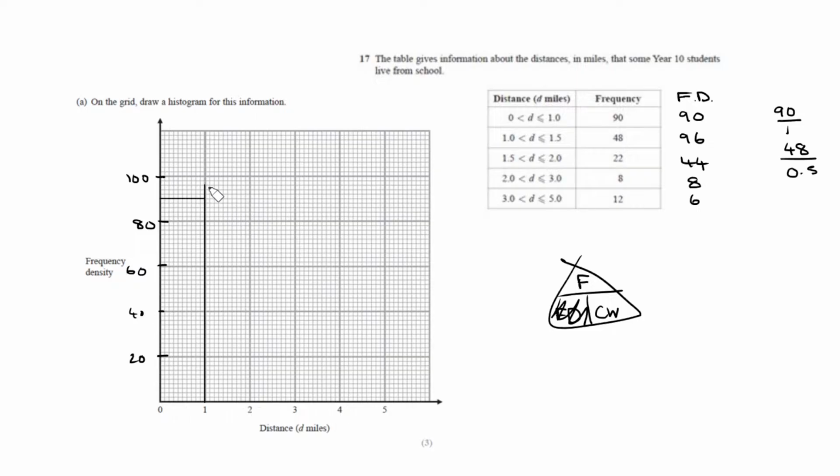Do you see what I mean? I'm just plotting it, and just be careful, because this one's like half across, isn't it? Where's that? About here. And then down to 1.5. The next one is at 44. So 2 squares above 40. And again, halfway for that one.